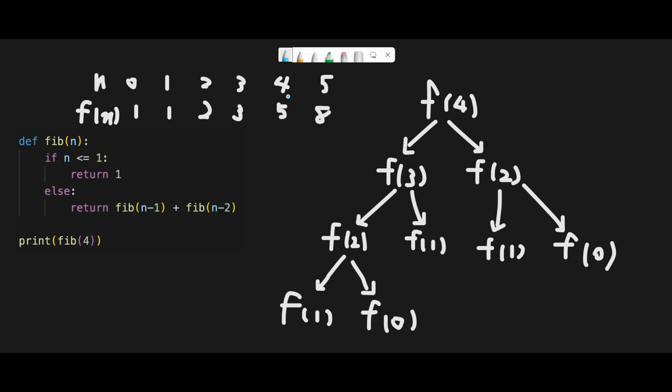The Fibonacci number should be 5, because we look at the previous two numbers, 2 plus 3, which is 5. And when n is 5, the Fibonacci number should be 8, the sum of the previous two numbers. So now you can guess n is 6 easily: 5 plus 8, which is 13.